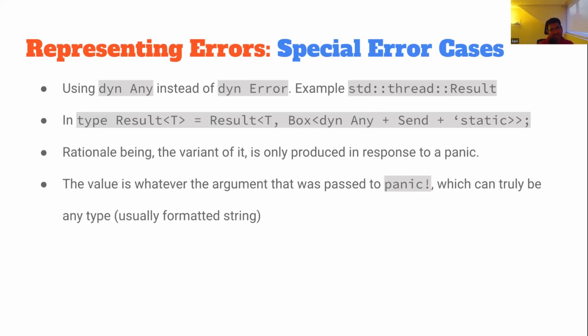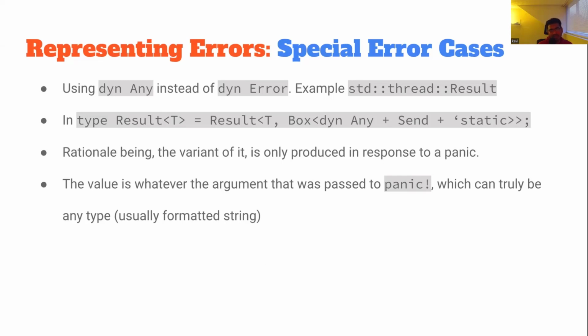Another special case, the final one which I mentioned before, is this weird type from the thread library in the standard library, which instead of dyn Error says dyn Any. And why is that the case? Because this specific error case can happen only during a panic, meaning whenever you try to join a thread which panics.